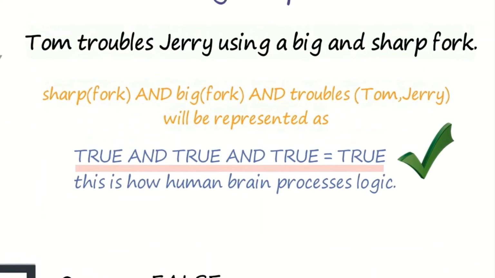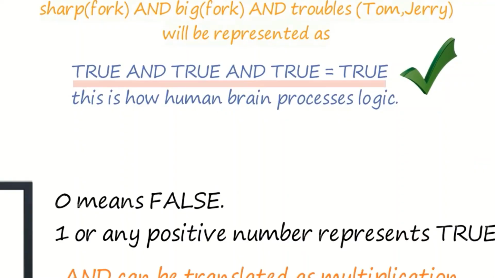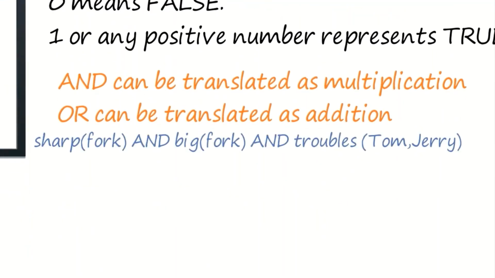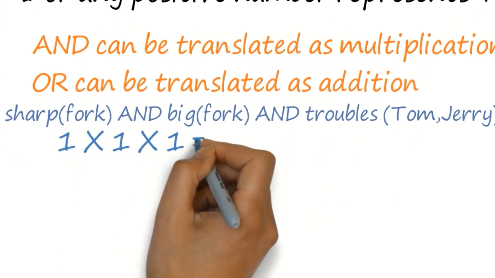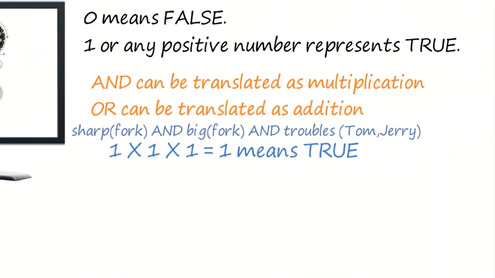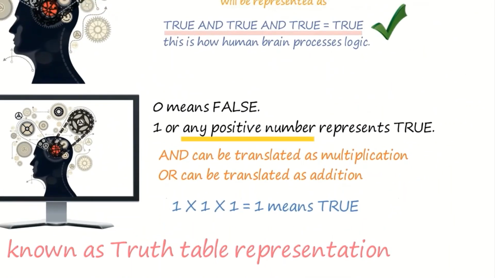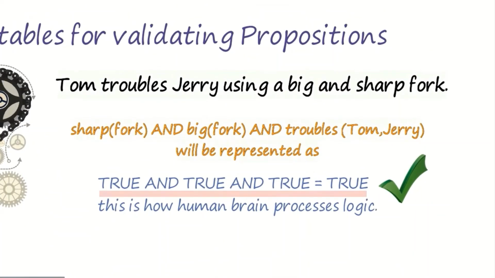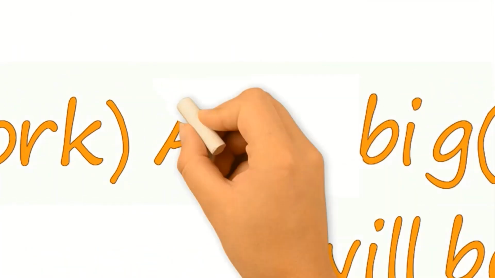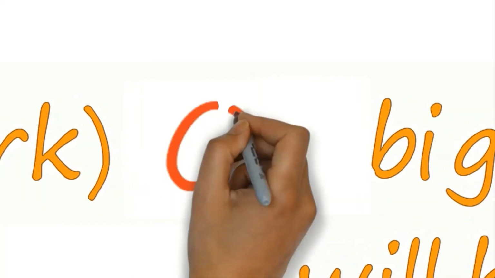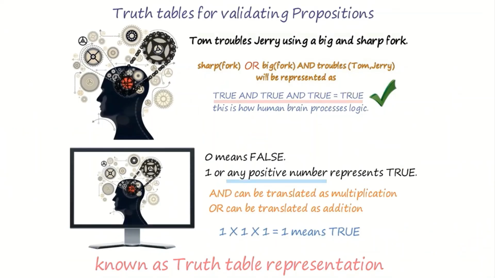Now for the same statement, the representation will be 1 times 1 means true. Just now I said that any positive number represents true for a machine. So let's try to understand that with this example again, where and is replaced by or.